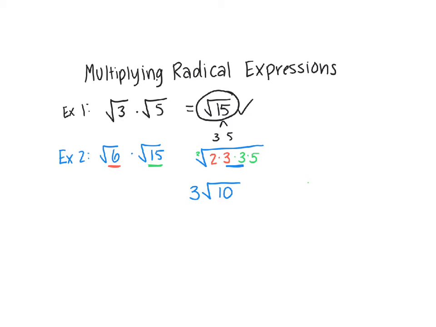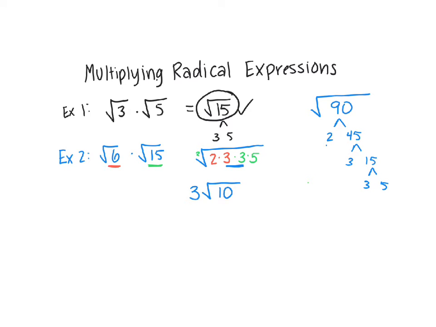Now, we could have multiplied 15 times 6 and done that underneath the radical. So let's do that. 15 times 6 would give me 90, square root of 90. Then we would have had to do 2 and 45, and 45 is 3 and 15, and 15 is 3 and 5.